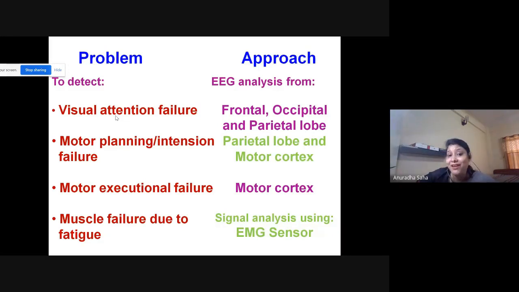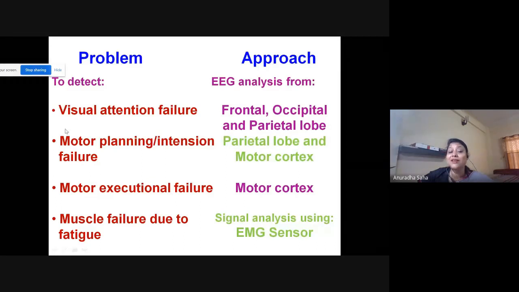We can take the EEG signals, the brain signals recorded using an electroencephalography device from the driver, and obviously from the correct brain lobes, to measure whether the driver is alert or has a lack of visual alertness. Then the EEG signals can be extracted from the frontal, occipital and parietal lobes.